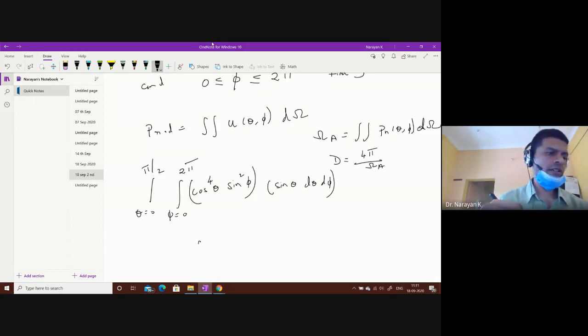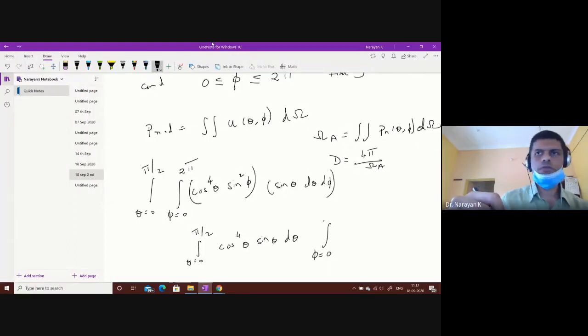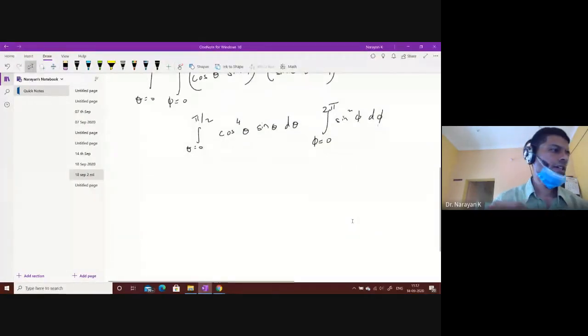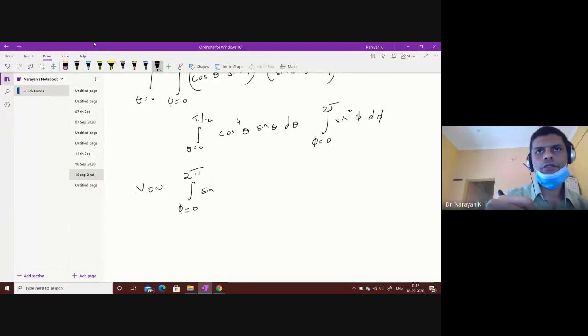So what will I get here? Theta varying from 0 to pi by 2, cos raised to the power 4 theta sin theta d theta, times phi varying from 0 to 2 pi, sin square phi d phi.